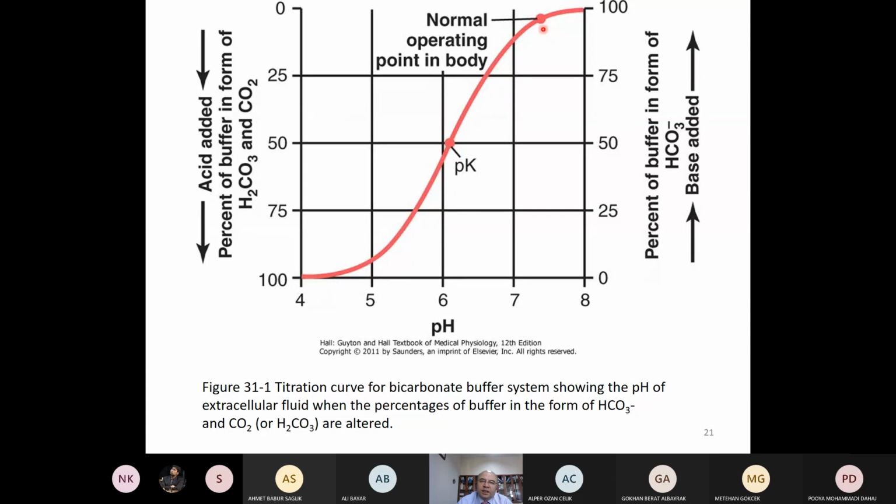Because the components of this buffering system are regulated by the respiratory and renal systems of our body. Carbon dioxide is regulated by the respiratory system, and bicarbonate is regulated by our kidney. So that's why, although it's quite far from the optimum pK value, it works very well in the body.